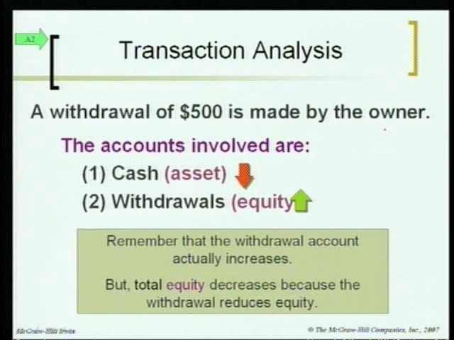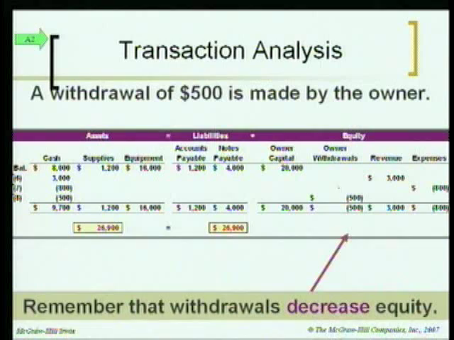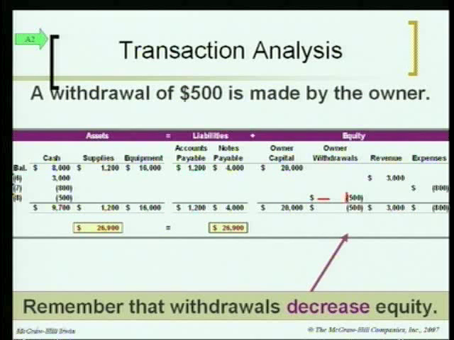We know that when withdrawals go up, equity goes down. You with me? Again, the way that they show that, it almost indicates that withdrawals are going down. No, withdrawals are increasing. We just are eventually going to subtract those in arriving at equity.